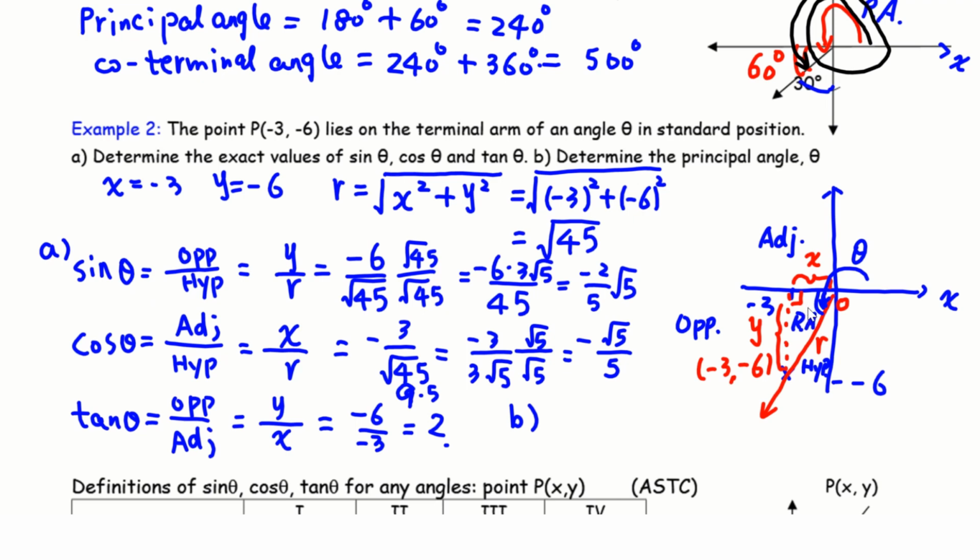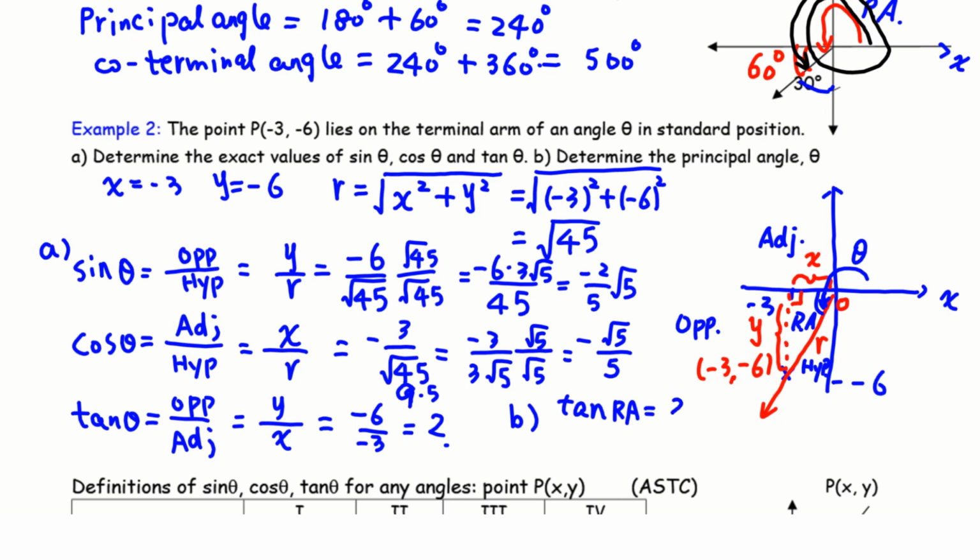We find RA, then from RA we know it is 180 plus RA to get this number. So we could use tangent theta to find RA, so we use only the positive ratios to find RA, because RA is from 0 to 90 degrees.